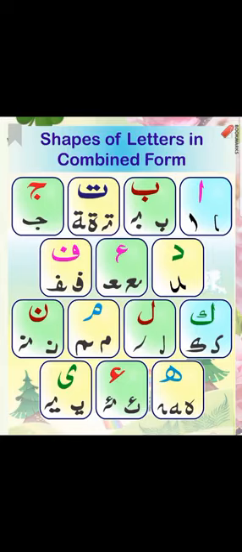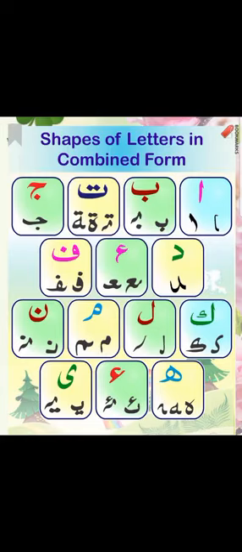So these letters of that language are not written in a word in their complete shapes, but in their half shapes or shorter shapes. And in the Arabic language, when the Arabic alphabets are written in joined form to make a word, they are written in their shorter, combined forms.